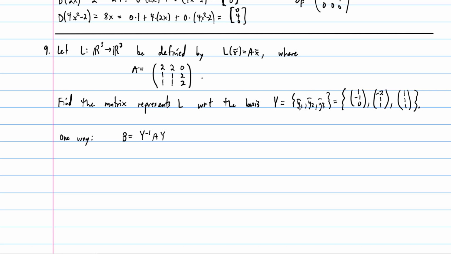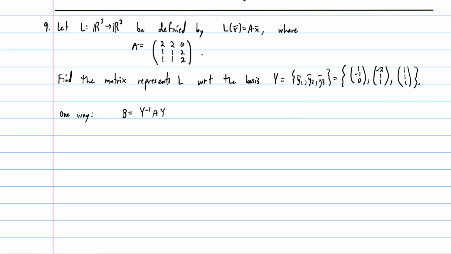But another way is to just apply A to the basis vectors and see if we can solve the system of equations simply, to get them in the new coordinates. So let's apply L to y1. L times y1 is going to be A times y1, and that'll put it in standard coordinates. So A times y1 is the matrix 2, 1, 1; 2, 1, 1; 0, 2, 2, times y1, which is 1, negative 1, 0.